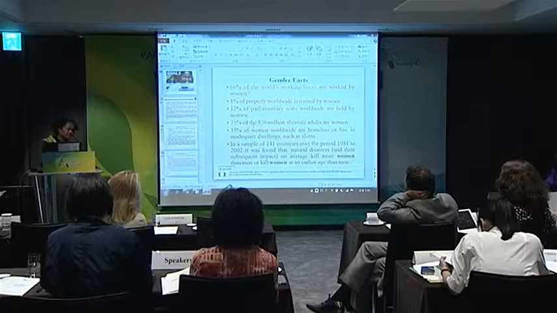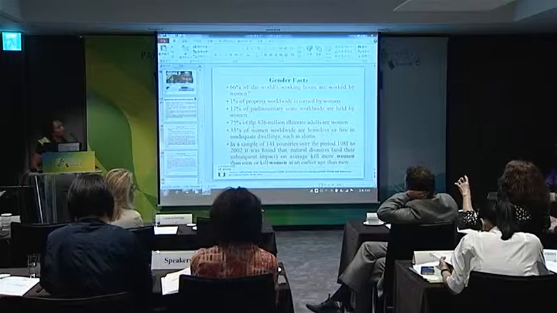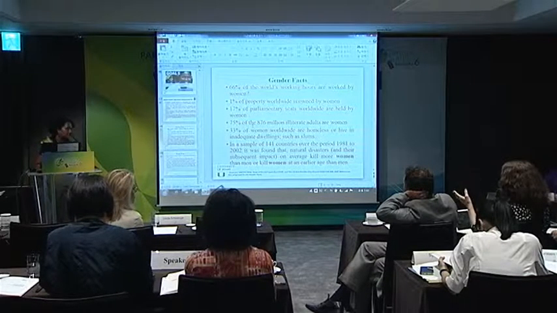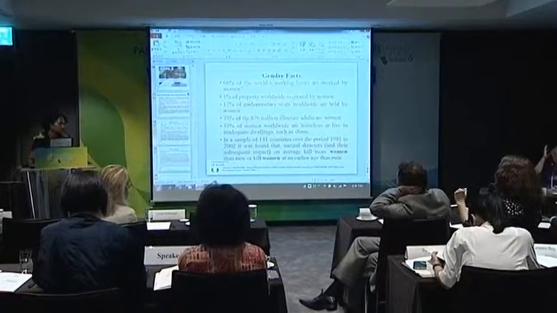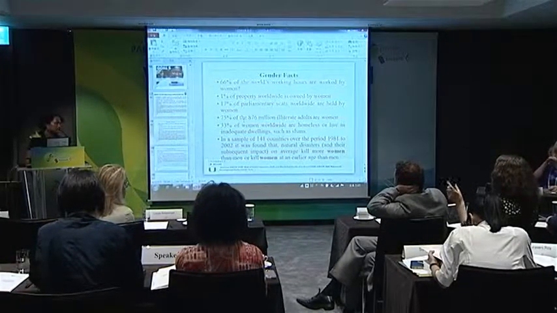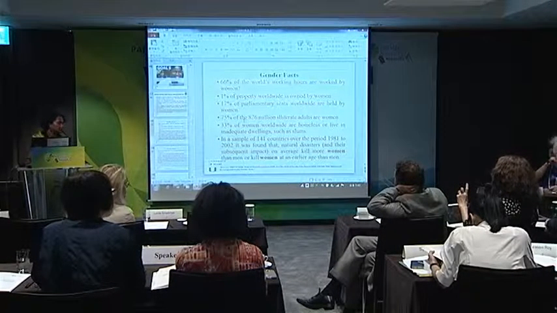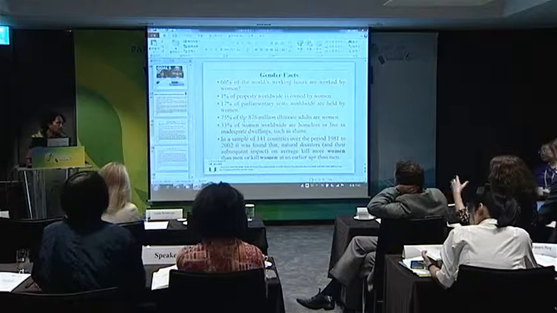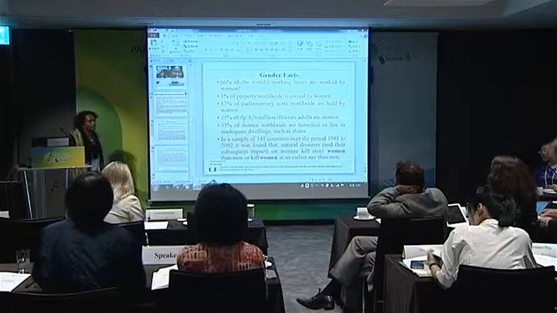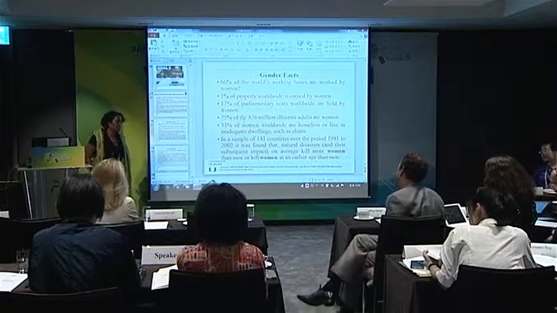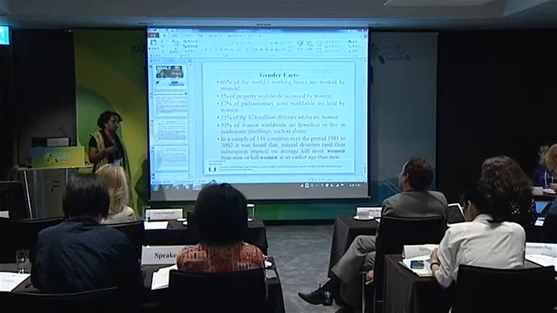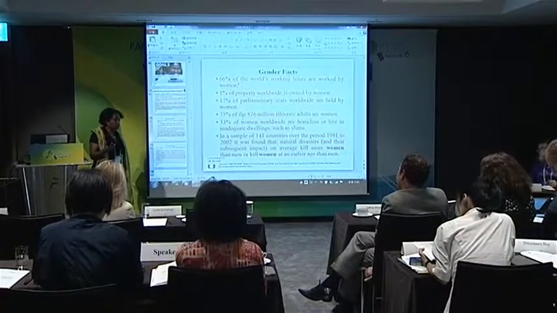Does that answer? Yeah, but if you would take a group of men that are comparable in income level to the women, would there still be an added effect of climate change for women? If you'd compare poor women to poor men, which effects would there be for women specifically? You did allude to some of them, but poorer women would be more affected by climate change, mainly because of cultural norms.